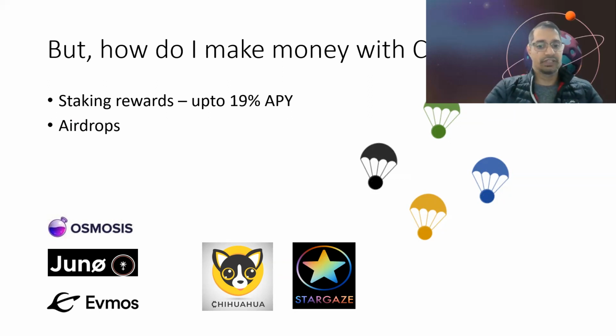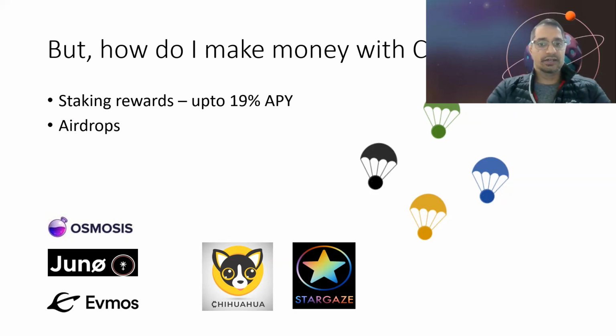And then we have these other airdrops also, Chihuahua, which is a meme coin, the first meme coin on Cosmos. And also there is another one, Stargaze, which is an NFT ecosystem on Cosmos. There are a number of projects building on Cosmos, and when they launch their tokens, most of the time they decide to reward the stakers on the Cosmos ecosystem.